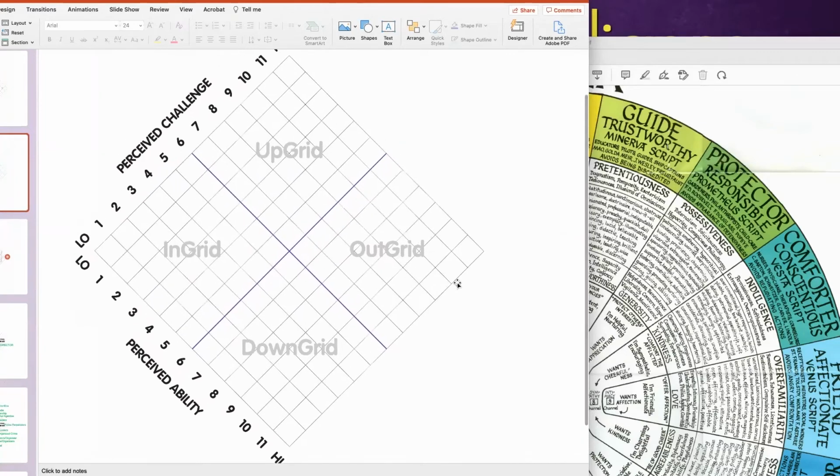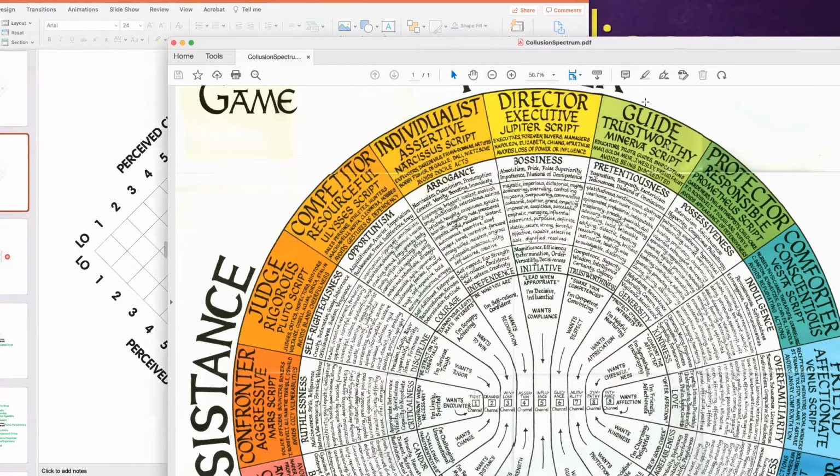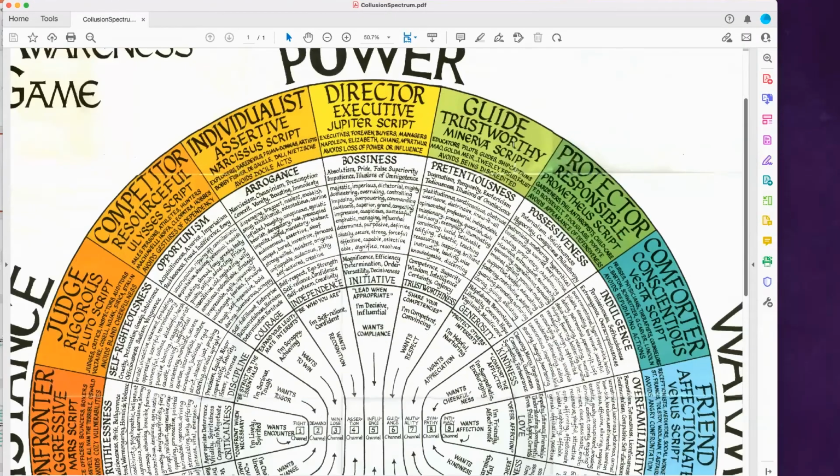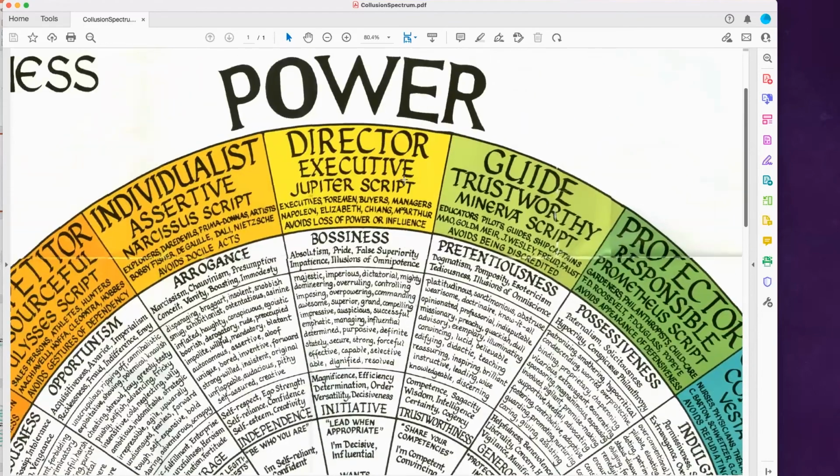So let's start with what we feel very strongly about. Two of these people are all about power. They are saying that the essential example of power is this director executive type. So let's read a little more about what they're saying. This is executives, foremen, buyers, managers. I love that you can date something just by some of the labels they've used.